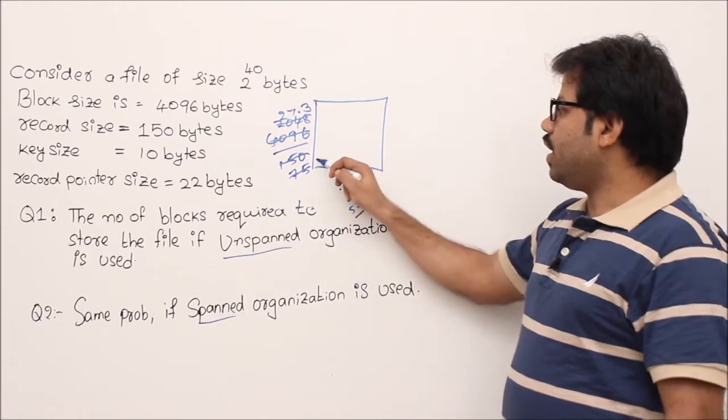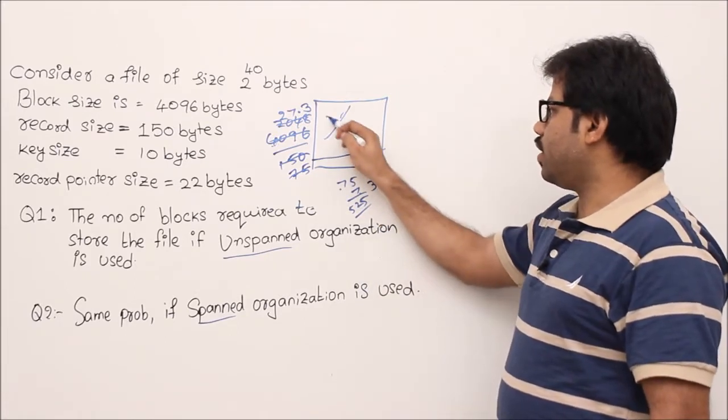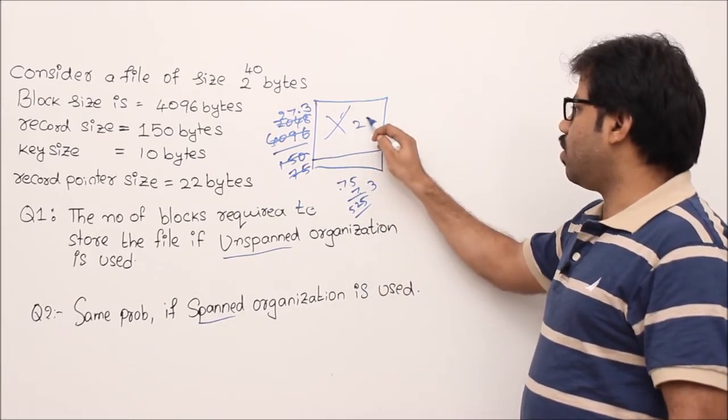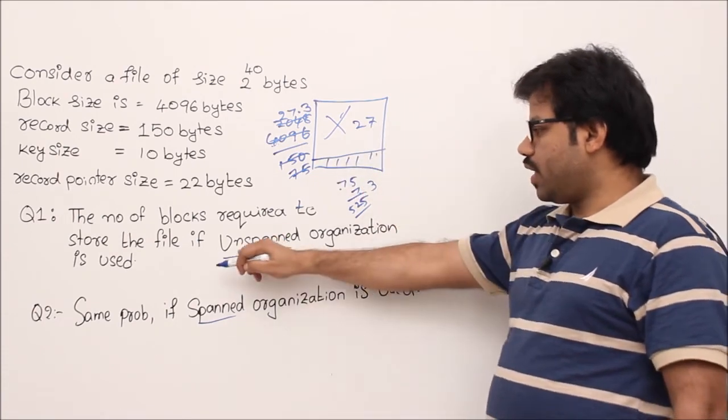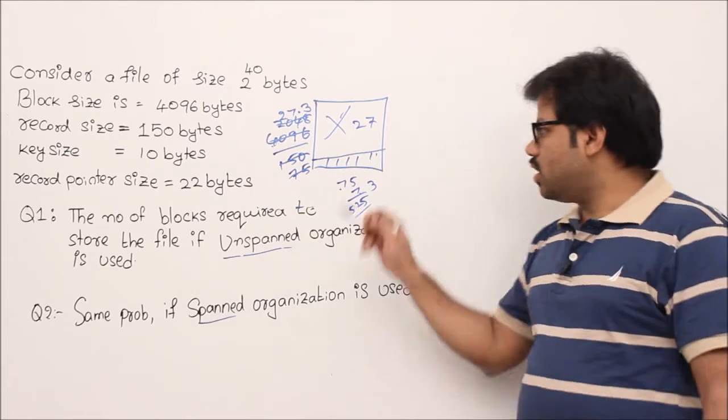That means 27 records you can happily keep here, and there will be some unused space. First of all, because we are considering unspanned organization, this space will be wasted.